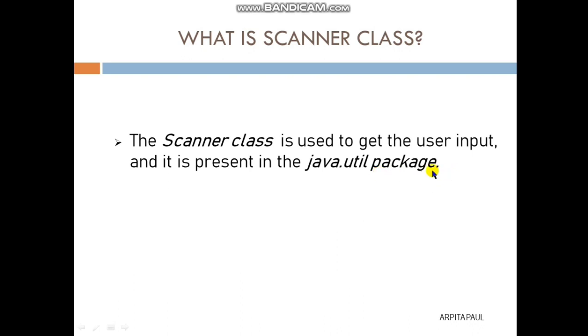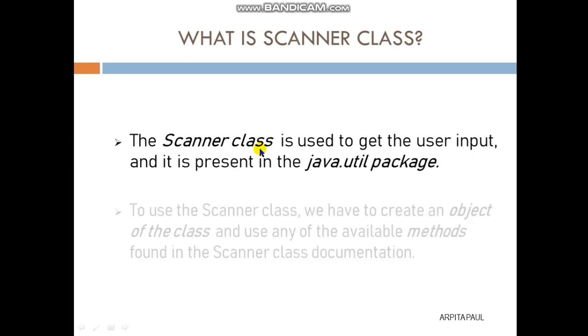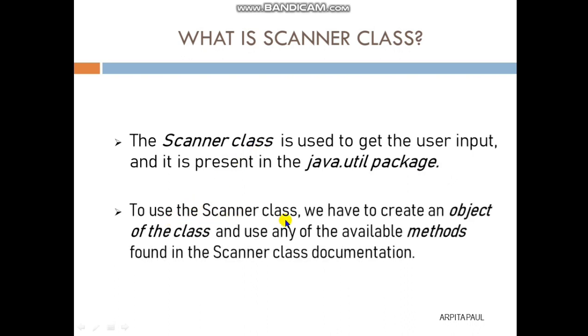Okay, now how to use the scanner class. To use the scanner class, we have to create an object of the class and use any of the available methods found in the scanner class documentation. So basically to use the class, we have to create the object of that class. Okay, so how to create the object, that I will tell you.